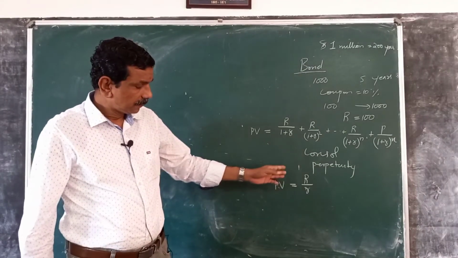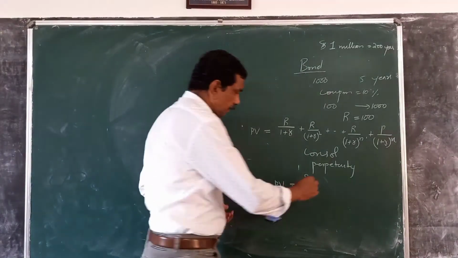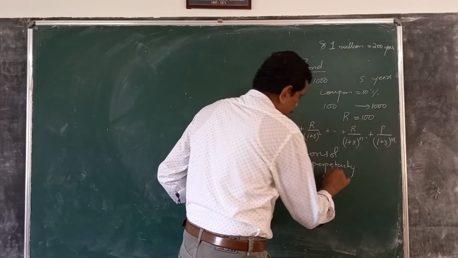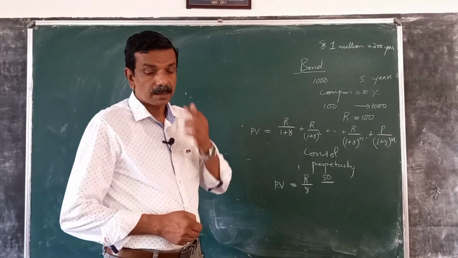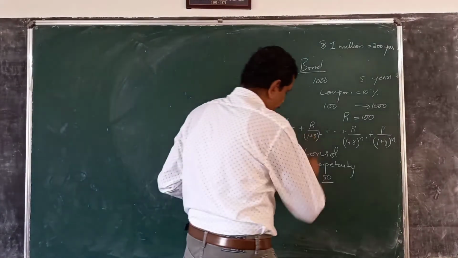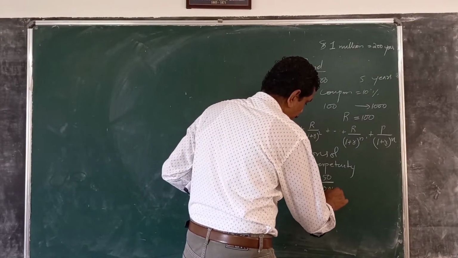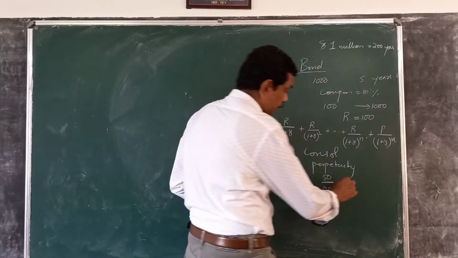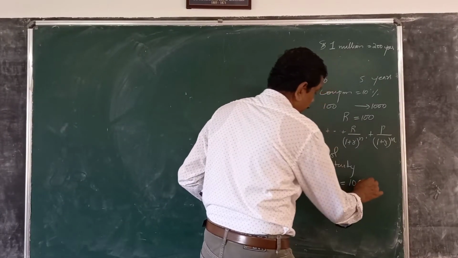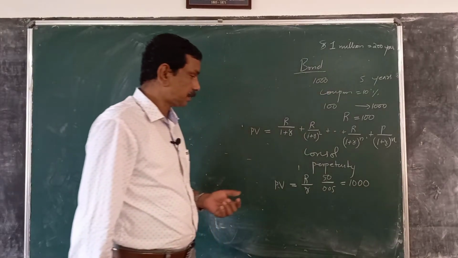For example, if the console earns 50 per year, and if the market rate of interest i is 5%, 0.05, then the present value is 1000.